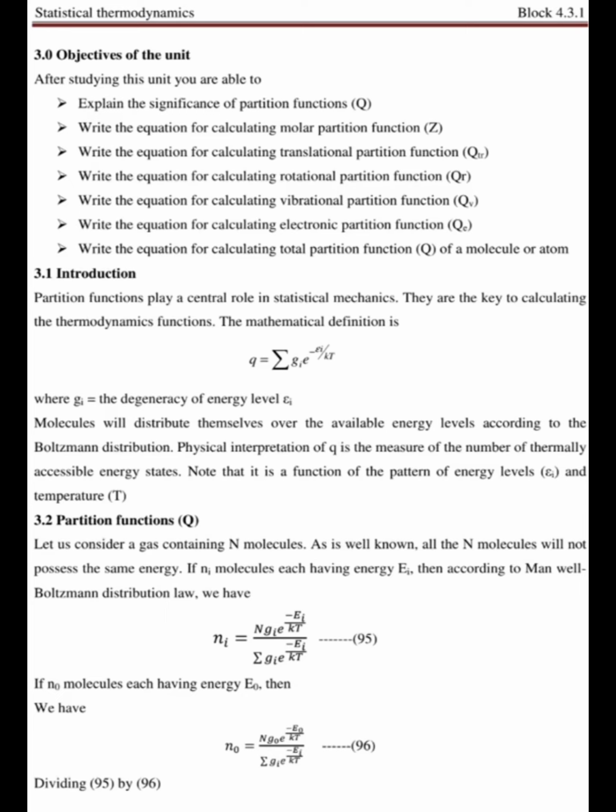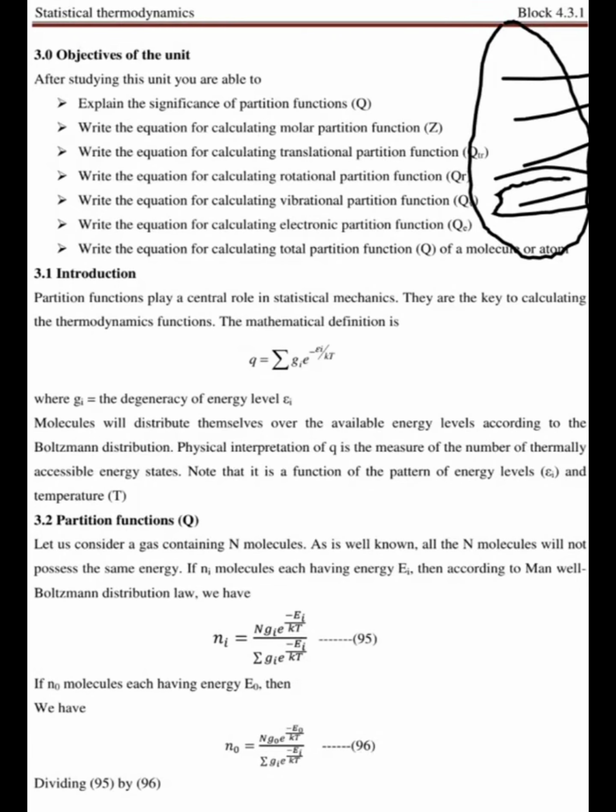The particles are present in different energy levels. The ratio of the total number of particles present to the number of particles present in the ground state is known as the partition function.